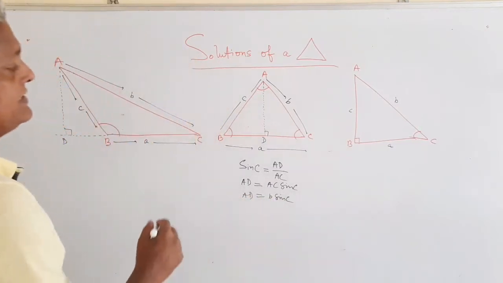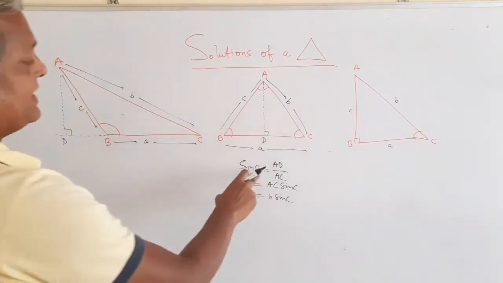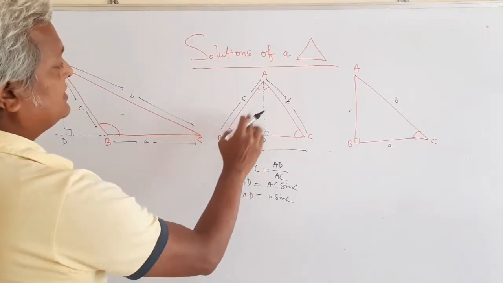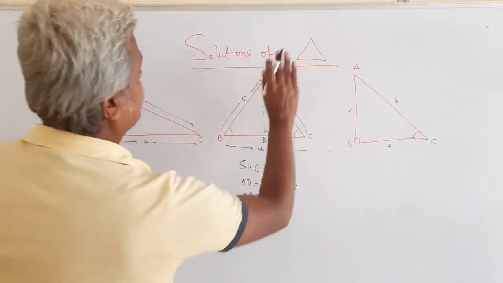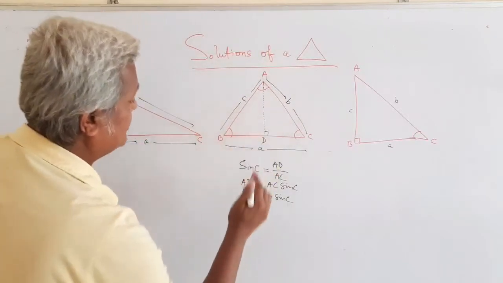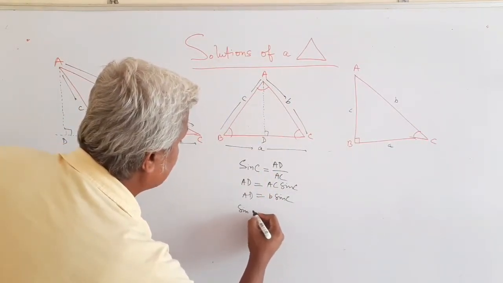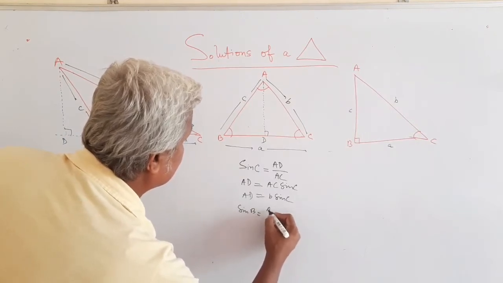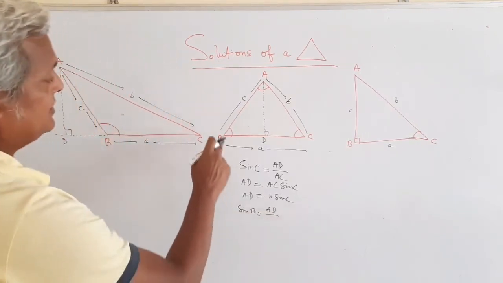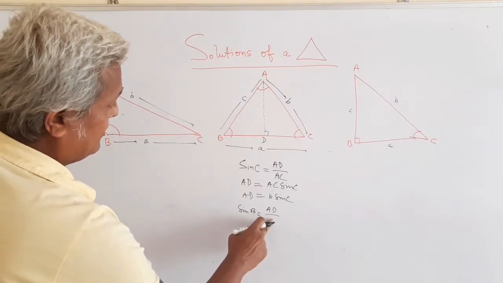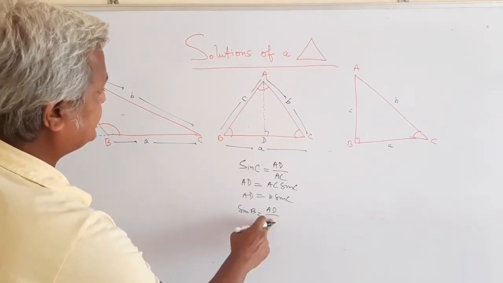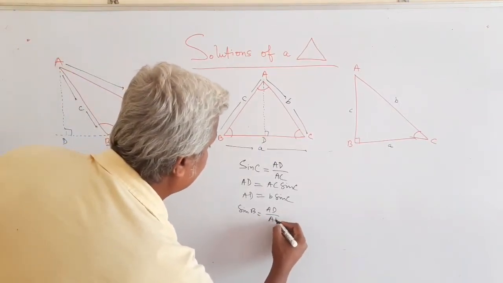Now apply the same rule in this triangle ADB, meaning in this part of the triangle. So we find sine B equals opposite, that is AD, upon AB.